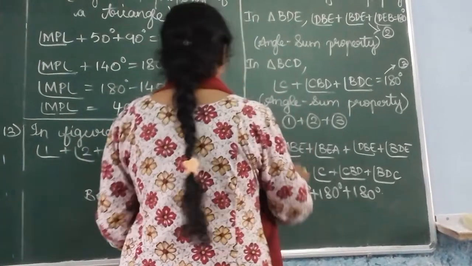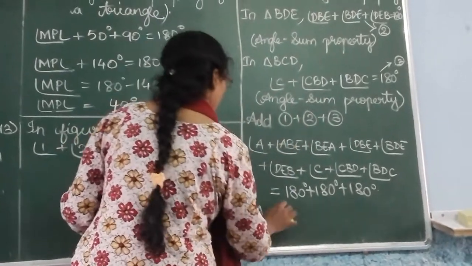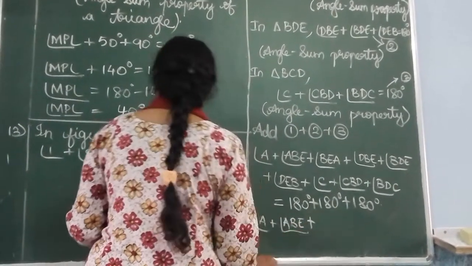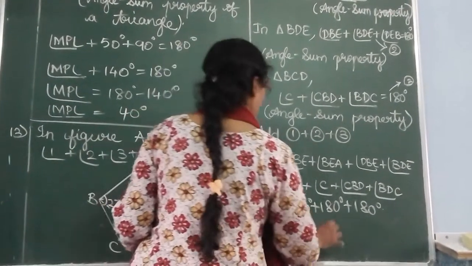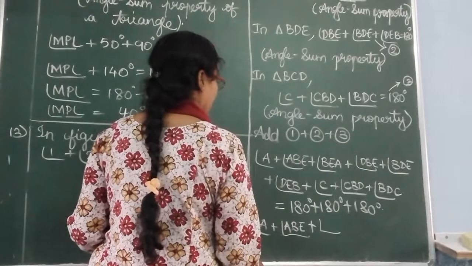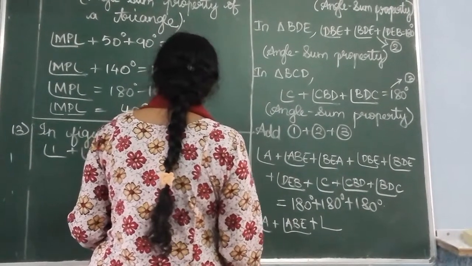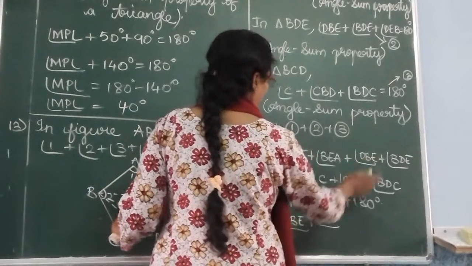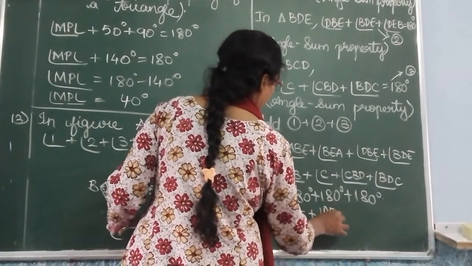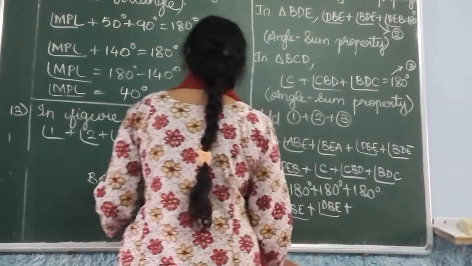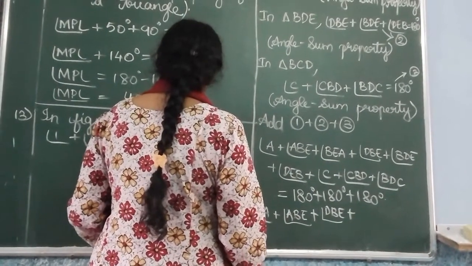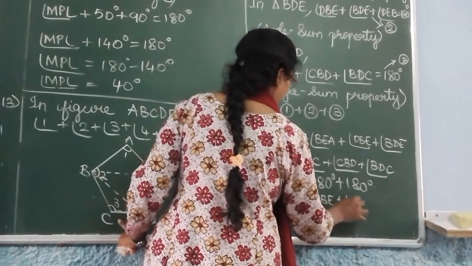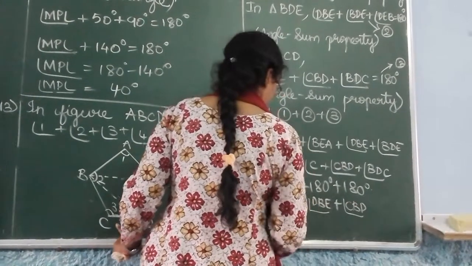Angle B, this part I am going to write angle ABE plus angle DBE, plus next we have angle CBD.